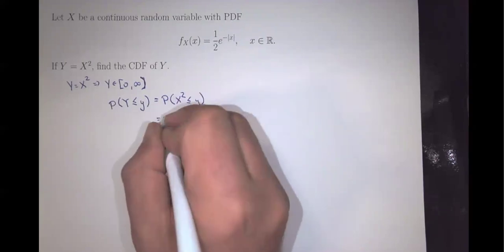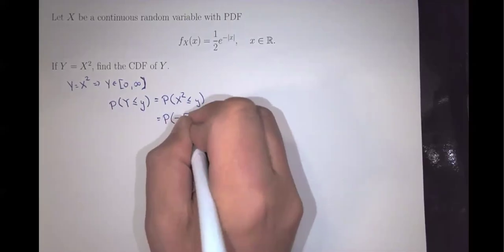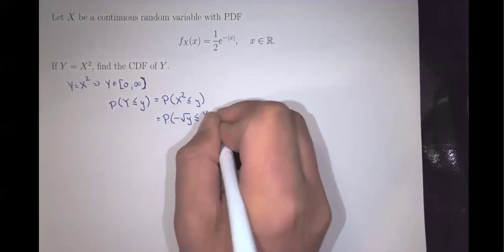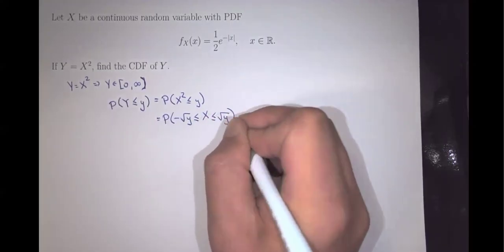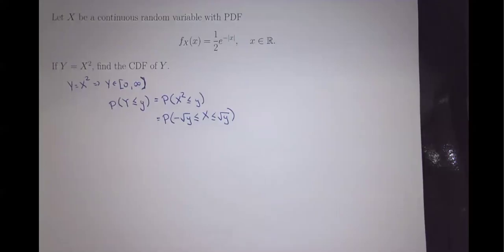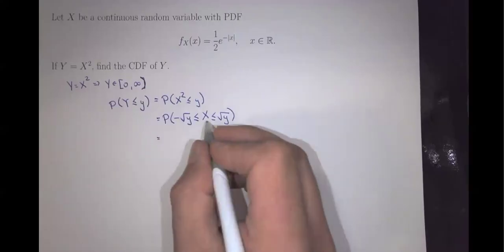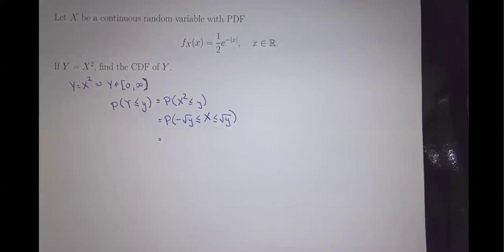let's talk about this as the probability that negative the root of y is less than or equal to x is less than or equal to the root of y. Because this gives us something that we can integrate over, right? We know something about the probability density function for x, and so talking about probabilities in terms of x seems like a good idea.